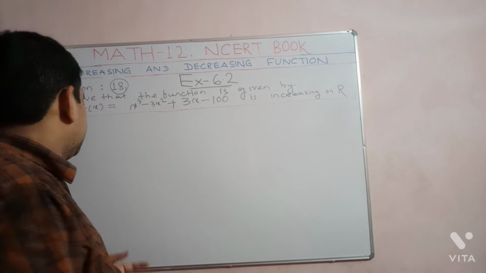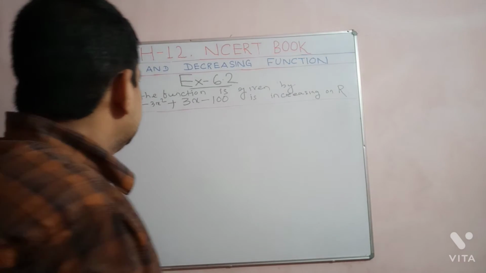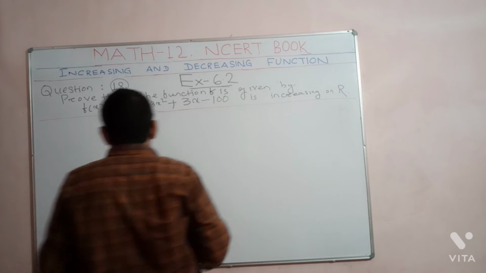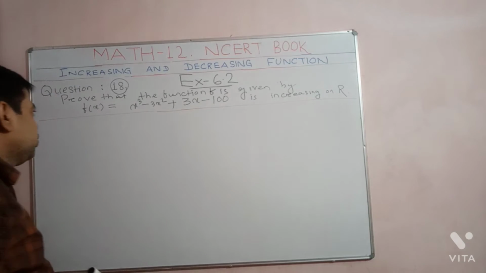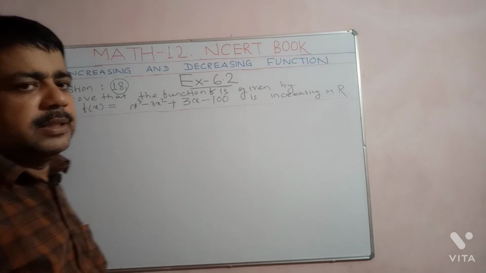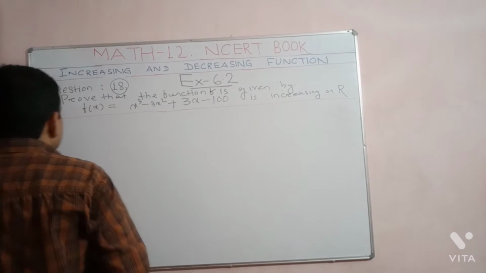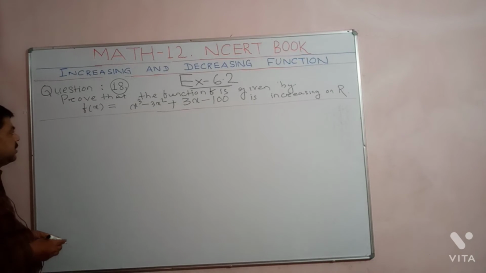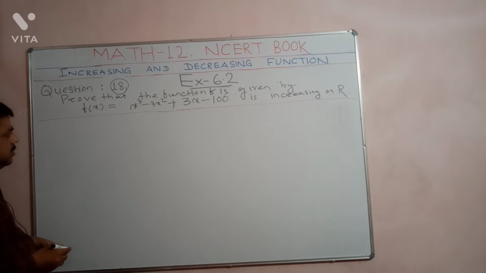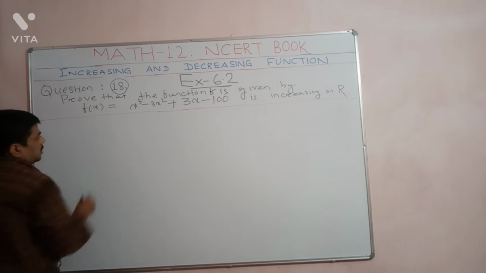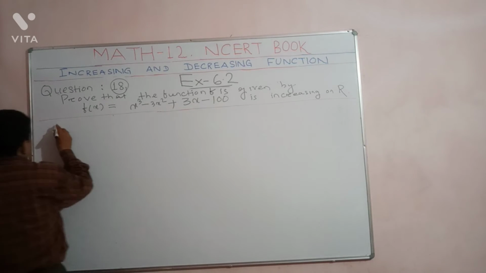Prove that the function f given by f(x) is equal to x cube minus 3x square plus 3x minus 100 is increasing on the set of real numbers R. Understand? Let's see.